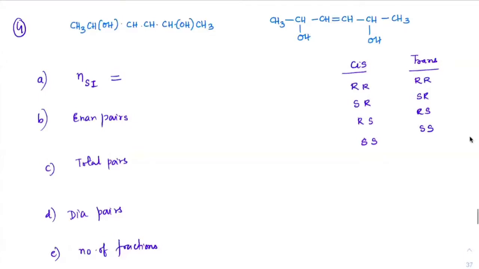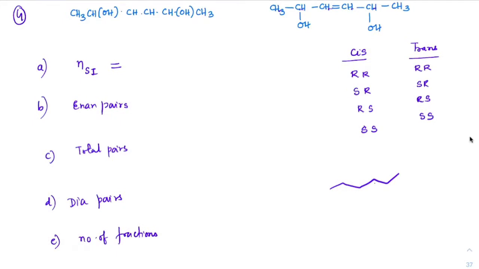Check this out. 6 carbons are there: 1, 2, 3, 4, 5, 6. Suppose this is with trans. With trans, if I write this group up and this group down, like this. Now, if this is R, this could be R as well.